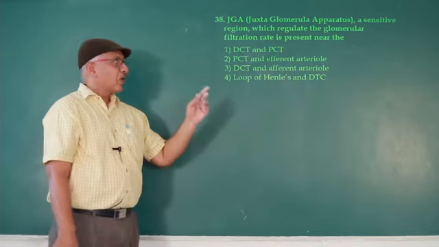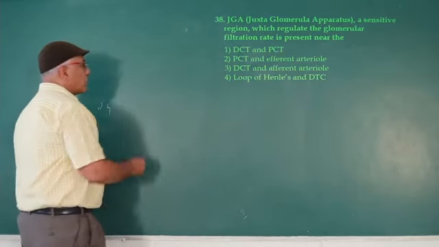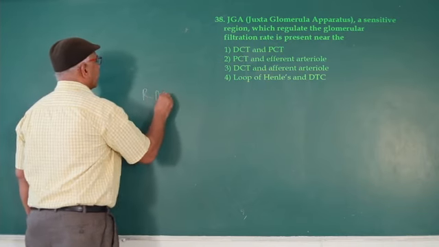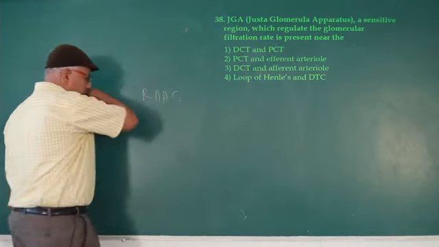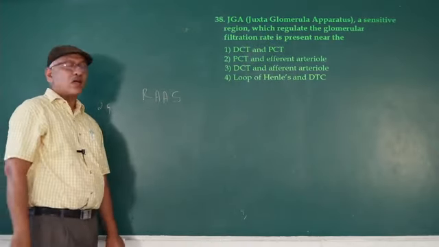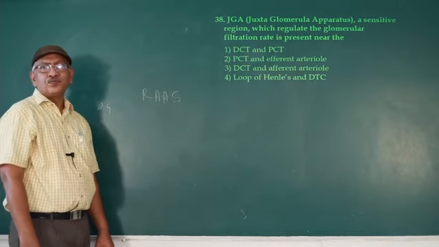Angiotensin 2 stimulates the adrenal cortex. As a result, the aldosterone hormone is released. It is known as the renin angiotensin aldosterone system. So it increases the blood volume.